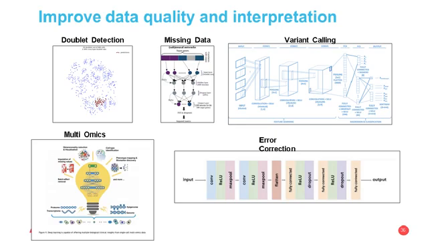One of the last slides that I've got is really more of an advertisement for hiring, collaborating, partnering, call it what you will. This is not a problem we're going to solve all on our own. We think about ways of improving the quality of the data using this big data and machine learning. So things like removing the doublets, dealing with missing data, improving the quality of variant calling and error correcting those variant calls.